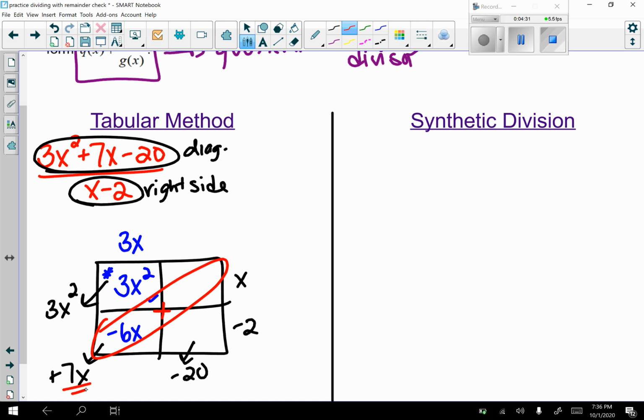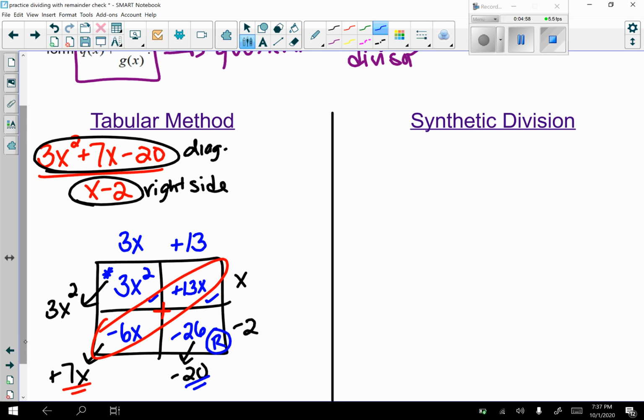So I should have a positive 13x here. So up top, I should have a positive 13. Once we have a top piece, we multiply. 13 times x is 13x. We have that. 13 times negative 2 is negative 26. This does not match, which means there has to be a remainder in here.